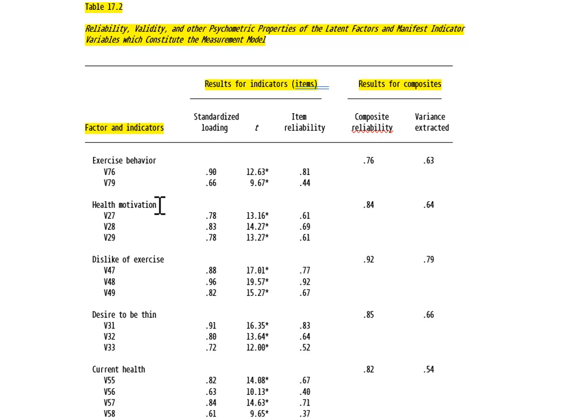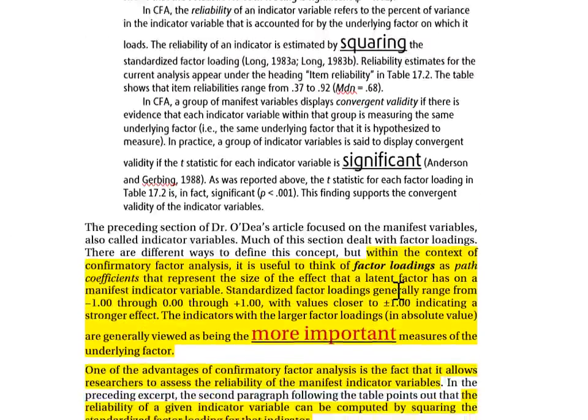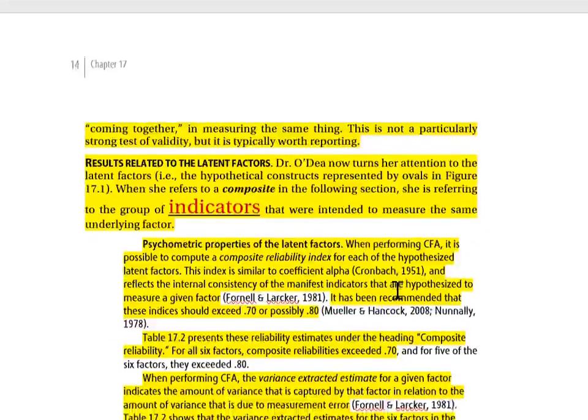Composite reliability for health motivation is 0.84. That's bigger than our minimally acceptable value. The same is true for each of the composites. For dislike of exercise, it's 0.92. For desire to be thin, it's 0.85. Composite reliability for each of these factors exceeds 0.70, exceeds the minimally acceptable value for composite reliability.